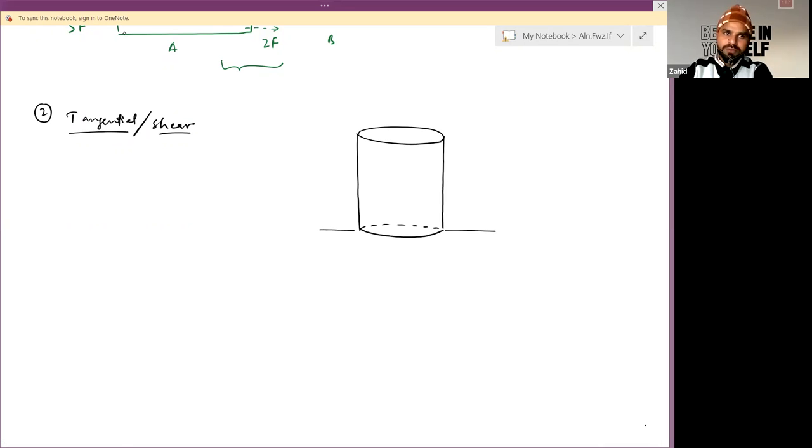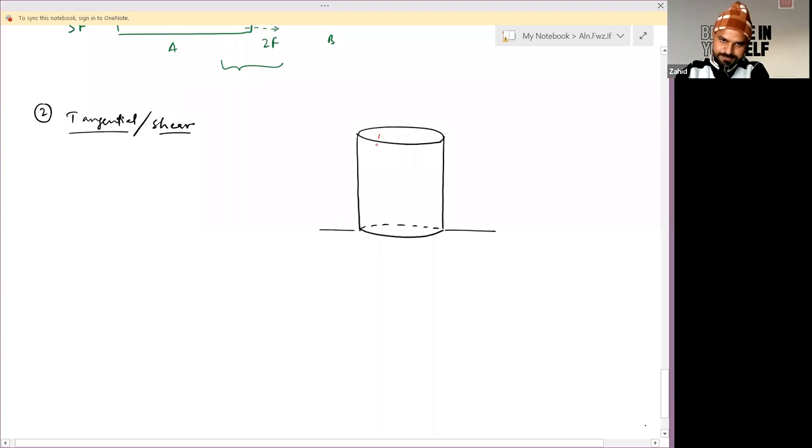Now, if you apply a deforming force on this end to deform it along this direction, so that the top face may shift along this direction. On applying this force tangential to this particular surface, let's say the area of this surface is A, and there is a shift from this point to this point as X. Length of cylinder is L, and the bending is theta.